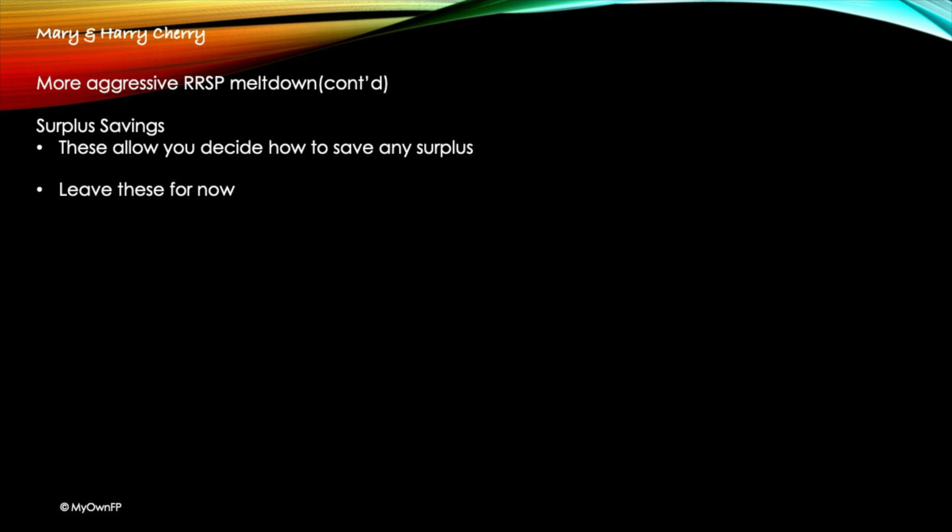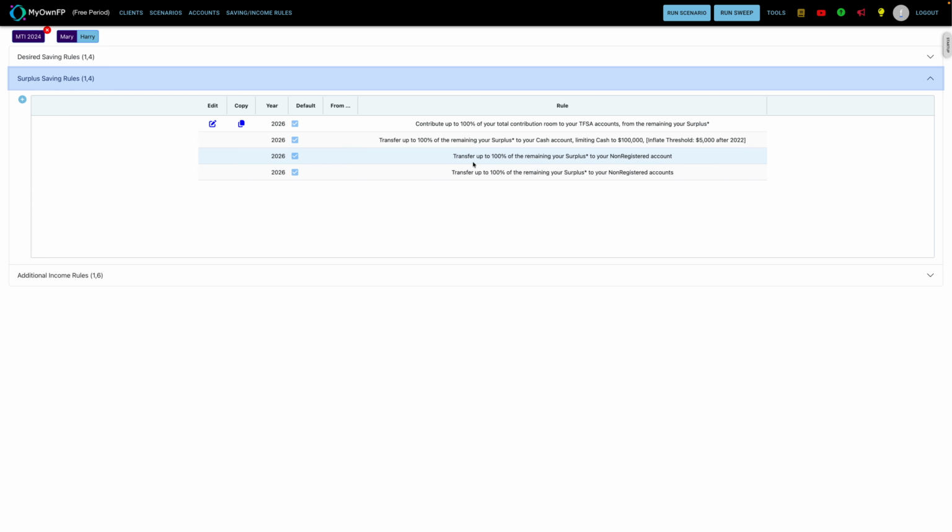Surplus savings, we're also not going to change any of these. What these are is, if I have a lot in gross and I pay my taxes and my liabilities and various payments on those, and I have some money left over, then the first thing I'm going to do is take all of my contribution room from the TFSA. I'm going to put everything into my TFSA of my total contribution room, not just the yearly.